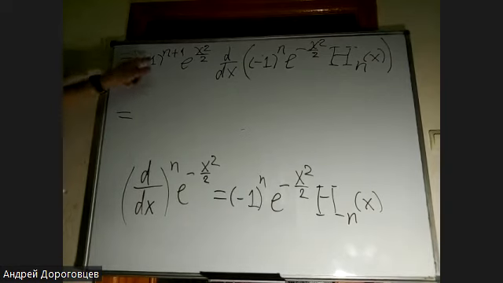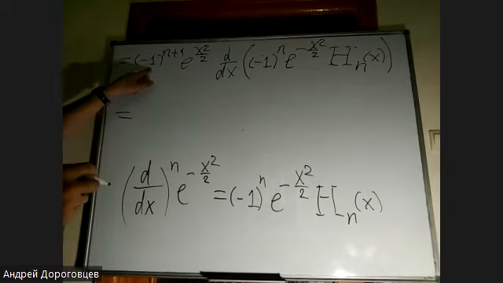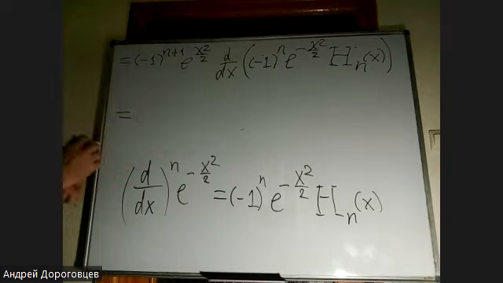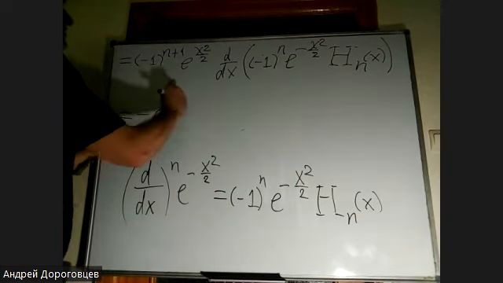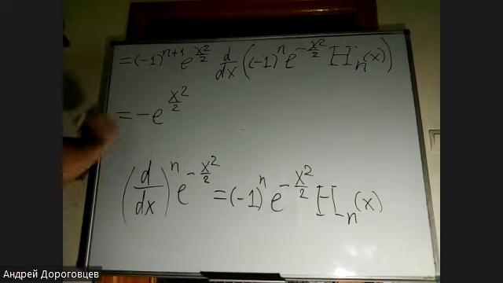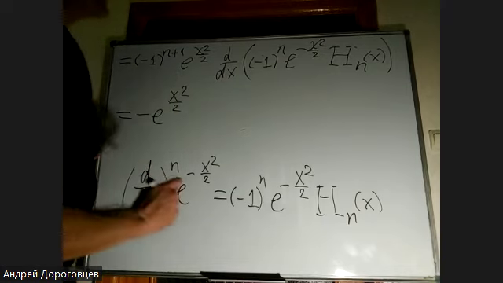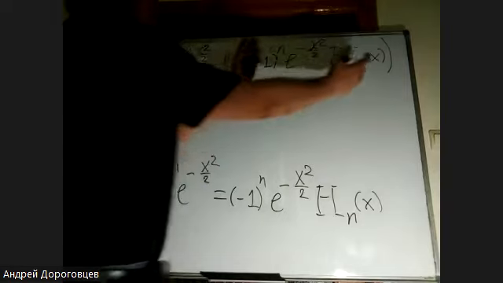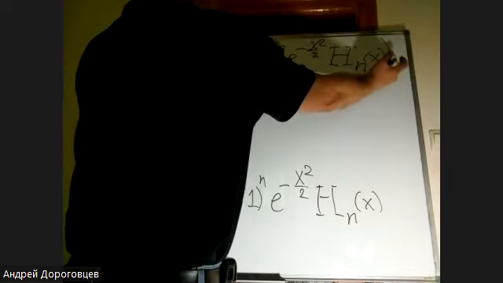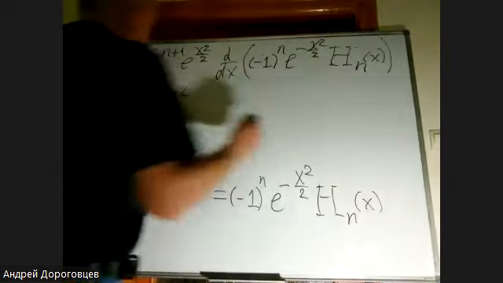We have good news. This (-1)^{n+1} and (-1)^n give us just -1. Here is x e^{x²/2}, and here I need to take the derivative of this expression. It's easy.